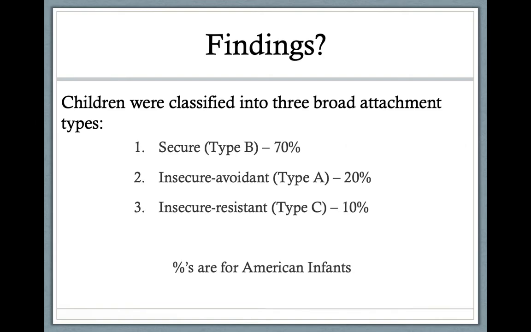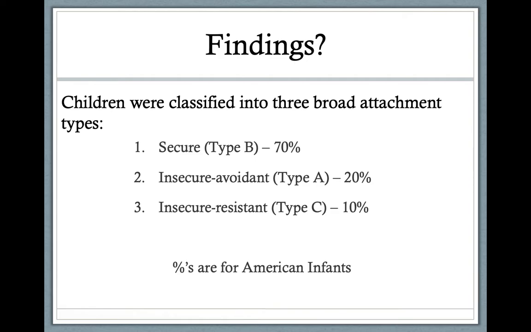Okay, so the findings then, the children were classified into three broad types after the results of their behaviours that they displayed during this strange situation. So this is what I talked about before. So you've got secure, which is type B, insecure avoidant type A, insecure resistant type C, and these were the percentages of babies.